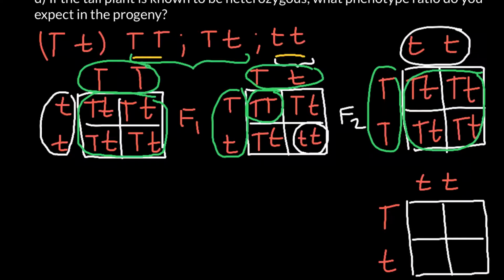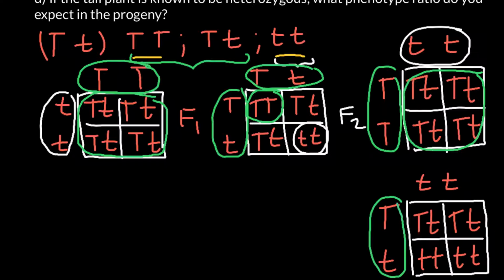We get capital T small t, capital T small t, small t small t, and small t small t. As you see, we crossed a tall plant with a small plant, and we expect 50% phenotypically tall and 50% phenotypically small plants.